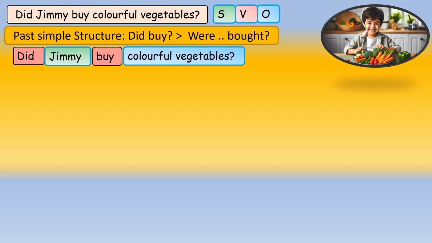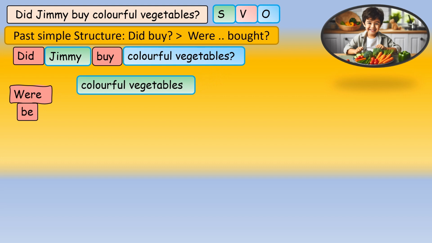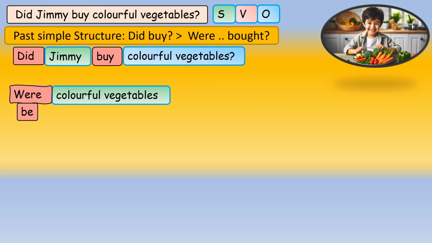So now we start with were, why, past tense, plural form of the verb be. So then after that, were colorful vegetables. Now these two match up. Bought is our past participle of buy. And now we add the last part, the agent by Jimmy.